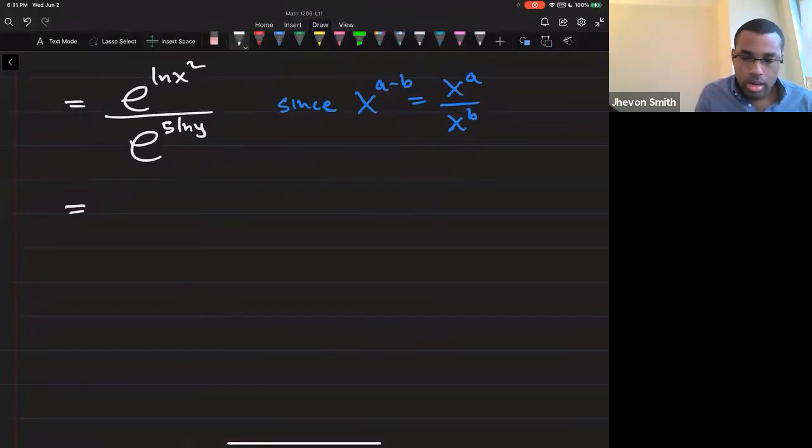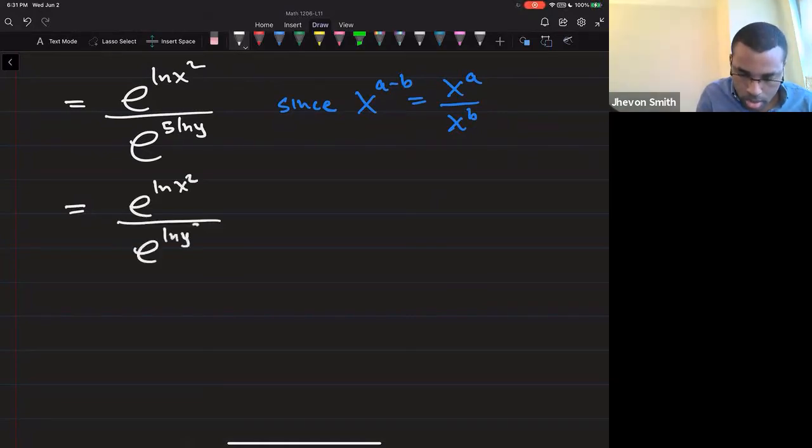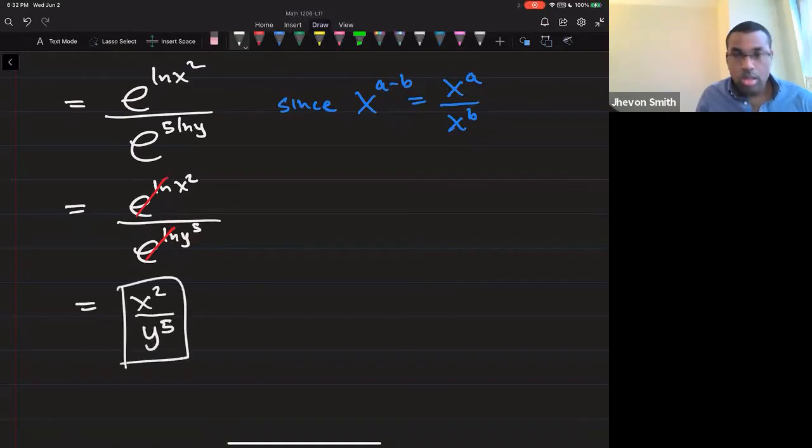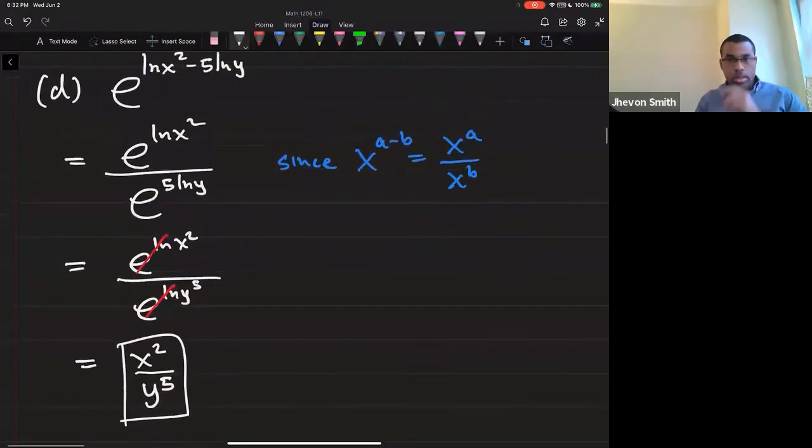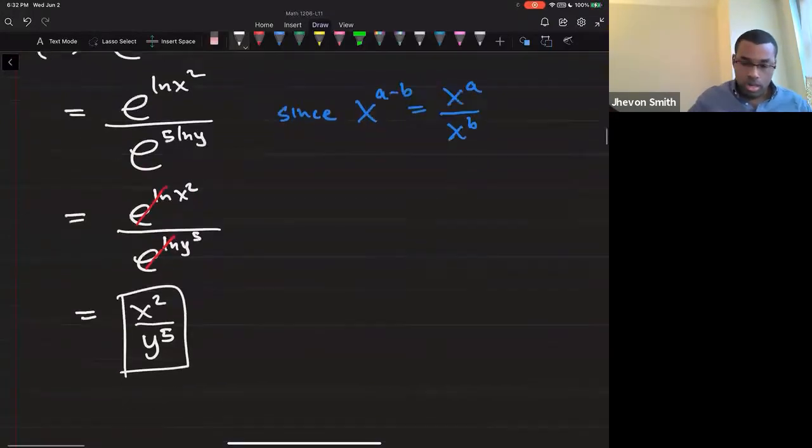And then I know that the 5 in front of the ln is going to cause issues, so I can move that up. And now the e's and the ln's are right beside each other. So it is x squared over y to the 5th. And tons of ways you could have done this one as well.